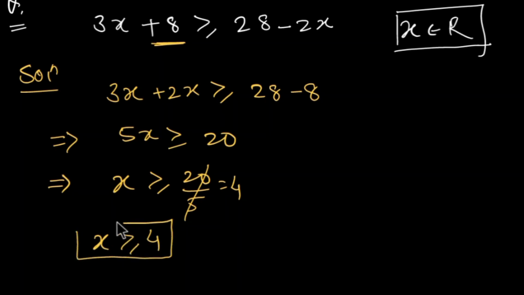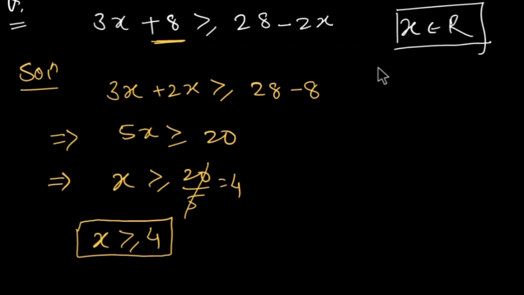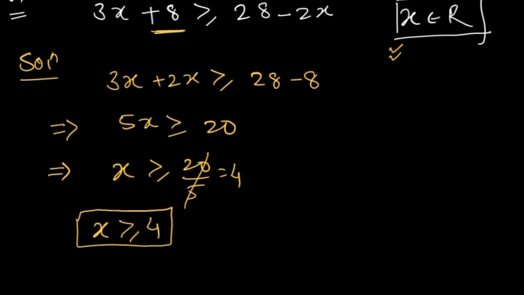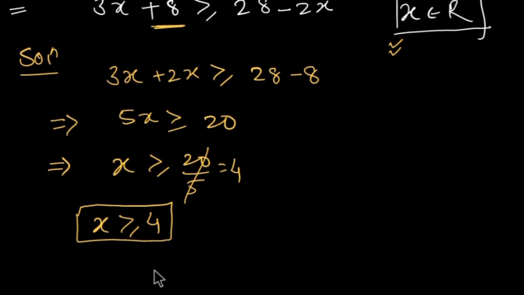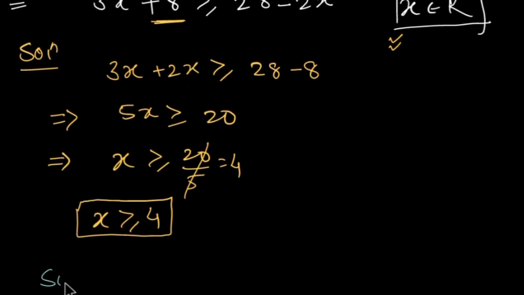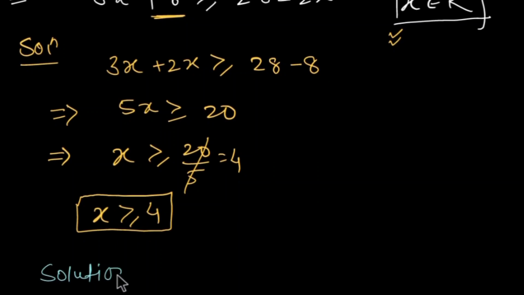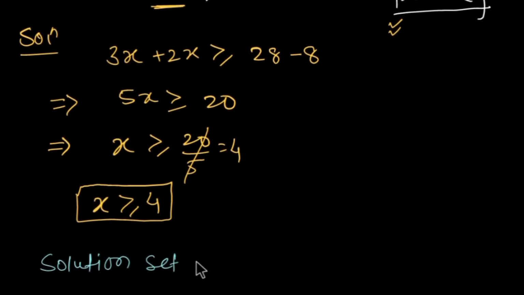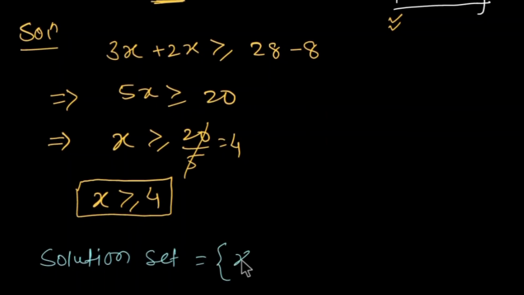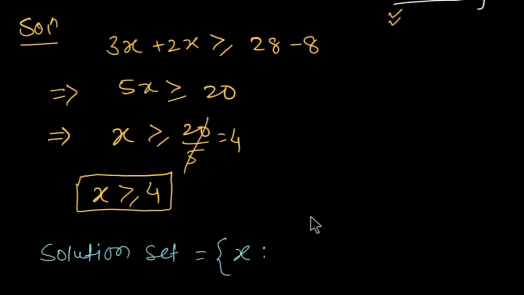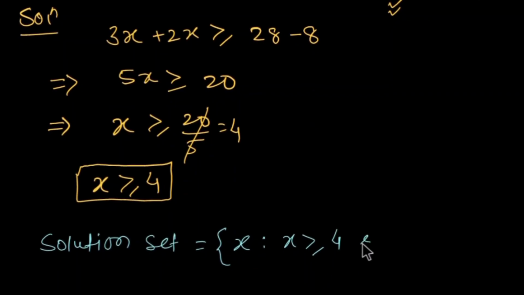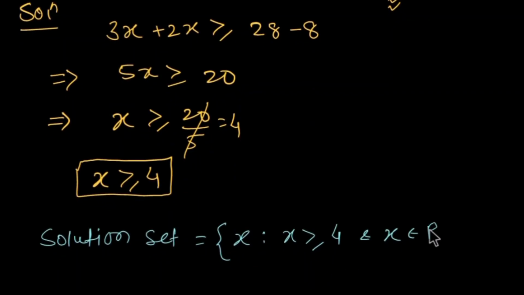So x is greater than or equal to 4 and x belongs to the real numbers. What should be the answer? The solution set we can write here: x such that x is greater than or equal to 4 and x belongs to the real numbers.